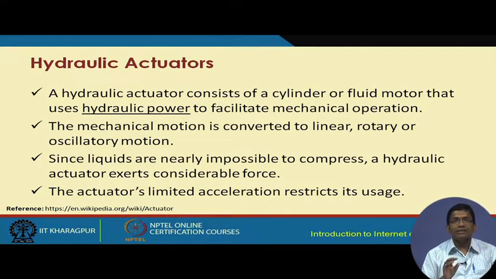So, basically when some fluid passes through, that motion is converted to some linear, oscillatory or rotary motion. And since liquids are nearly impossible to compress, most of the hydraulic actuators exert considerable force. So, that is the reason why liquid based actuators are typically used, and they are quite popular for this reason.